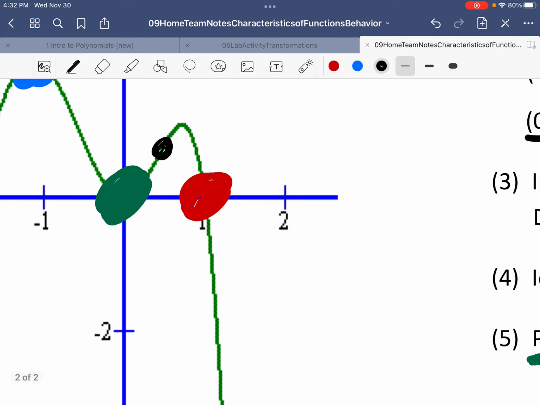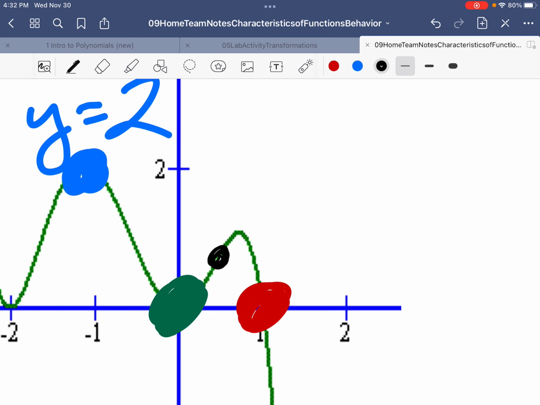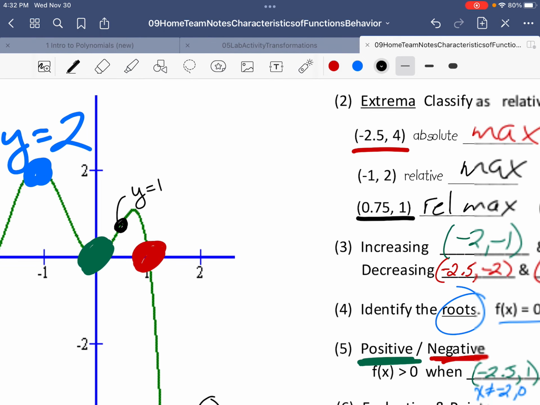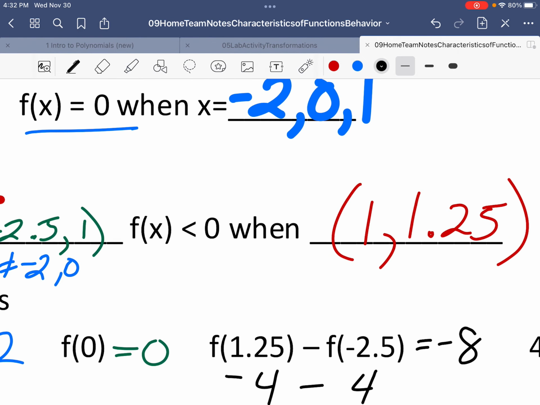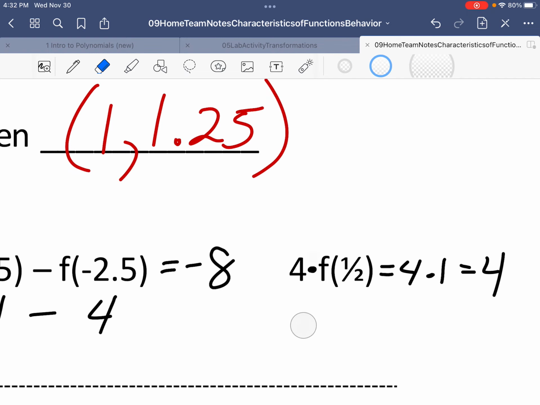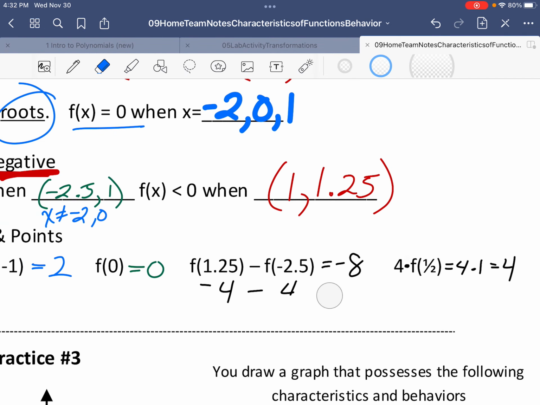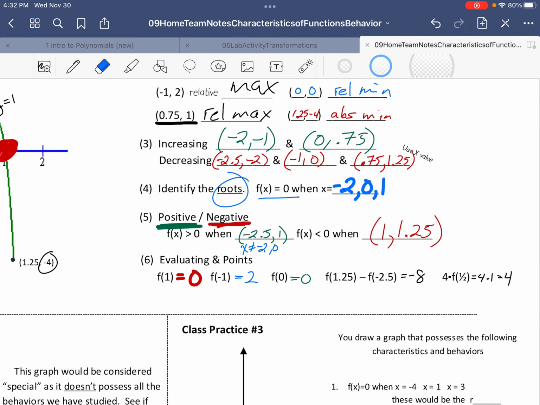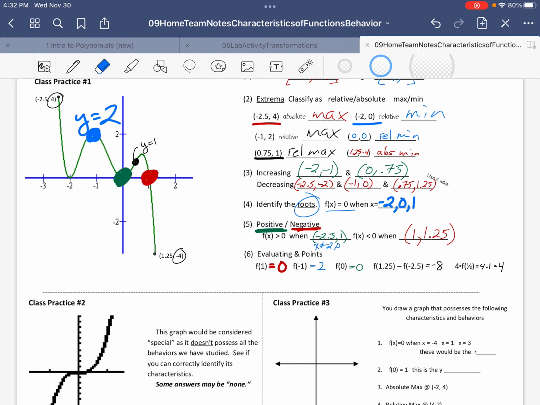And what do you think the y value is right there? Does it look like the y value might be 1? I think it's good enough. So we can say that this is going to be taking 4 times 1, which comes out to be 4. So evaluating, it's really just finding the y values of each of those x values.